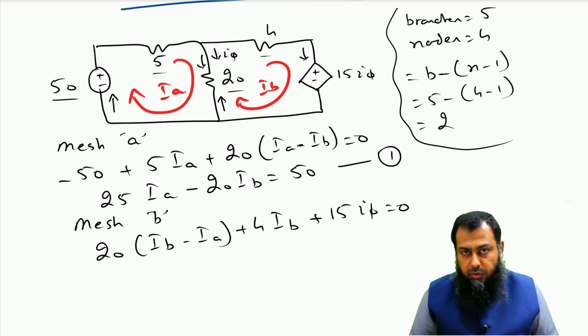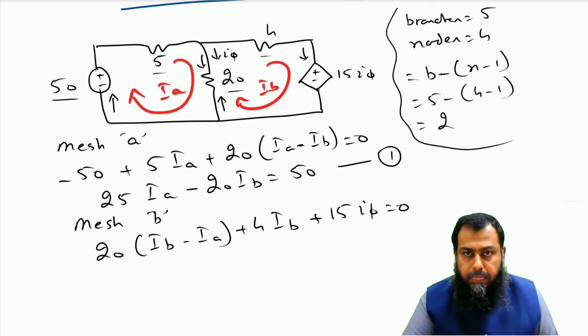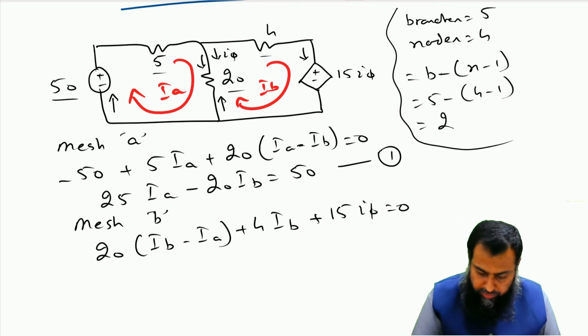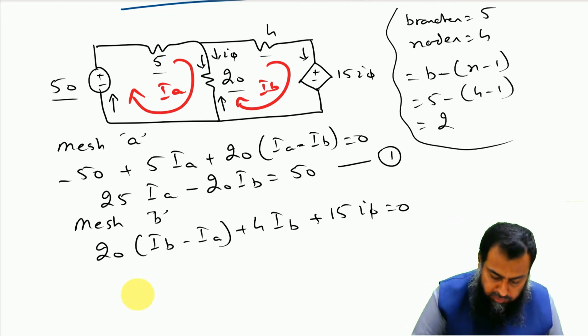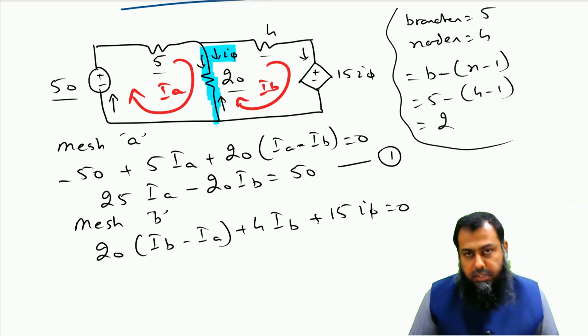Here we need to replace this I5 in terms of the mesh currents IA and IB. Remember that this I5 must be the current flowing in some element in the same circuit. If we carefully examine the circuit, we come to know that this is I5, the current flowing through this 20 ohm resistance.